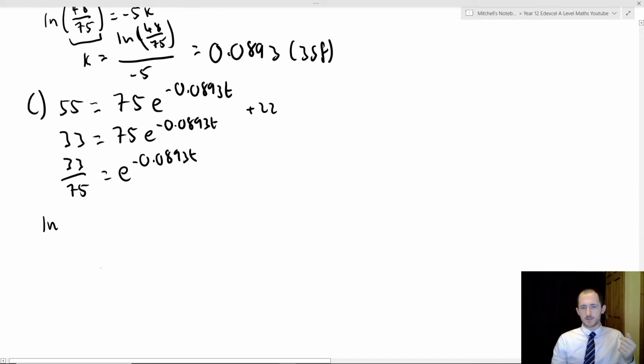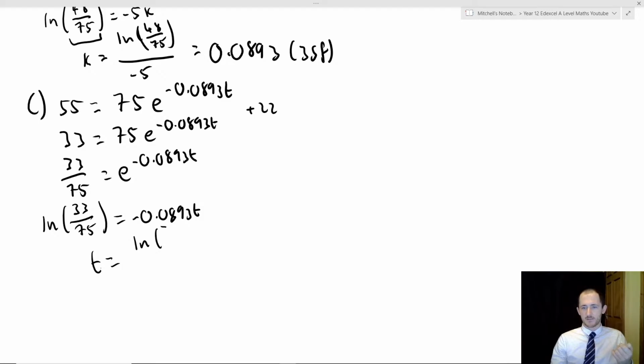Natural log both sides. And then lastly, divide both sides.